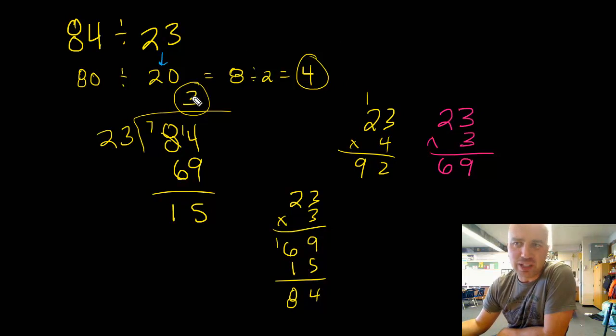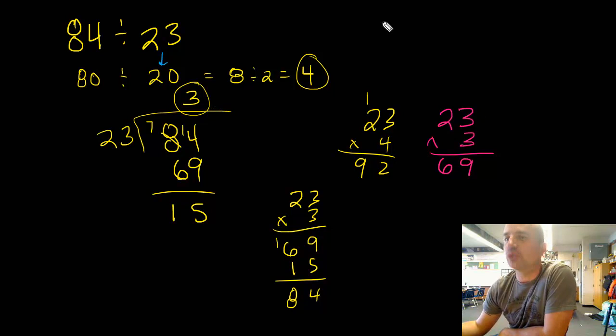When we put 4 into the equation and multiplied it by 23, we found that we got 92, which was way too much. So we said, okay, 4 is too much. Let's drop that down to an estimated quotient of 3. We put 3 back into the equation. We got 69 with a remainder of 15. And after we double checked everything, we found that the quotient of 3 was the correct one.